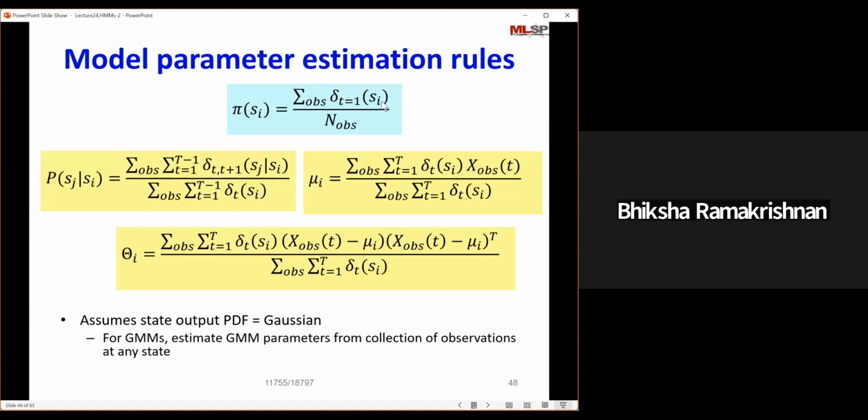Delta of the state at t equals 1 being Si takes the value 1 if the state at the first time instant is Si and 0 otherwise. I sum this over all the observation sequences, and this should give me the number of observation sequences where the initial state was Si. I divide that by the number of observation sequences itself, and that should give me the estimate for the initial state probability for state Si.